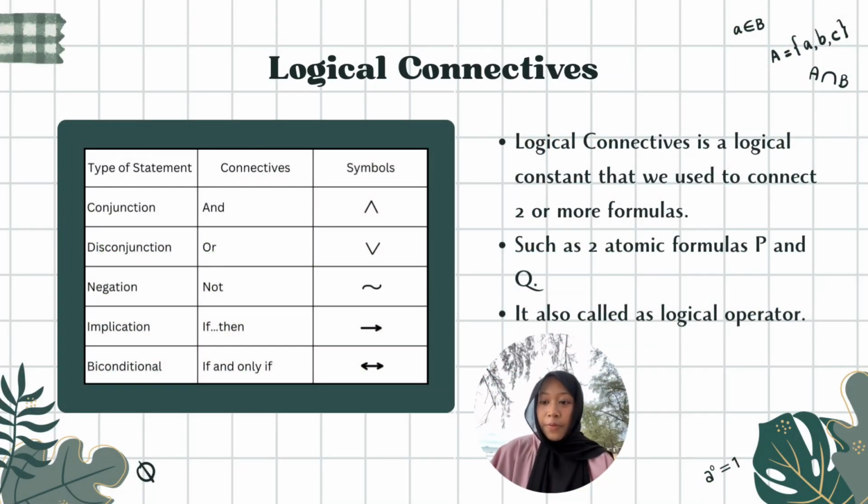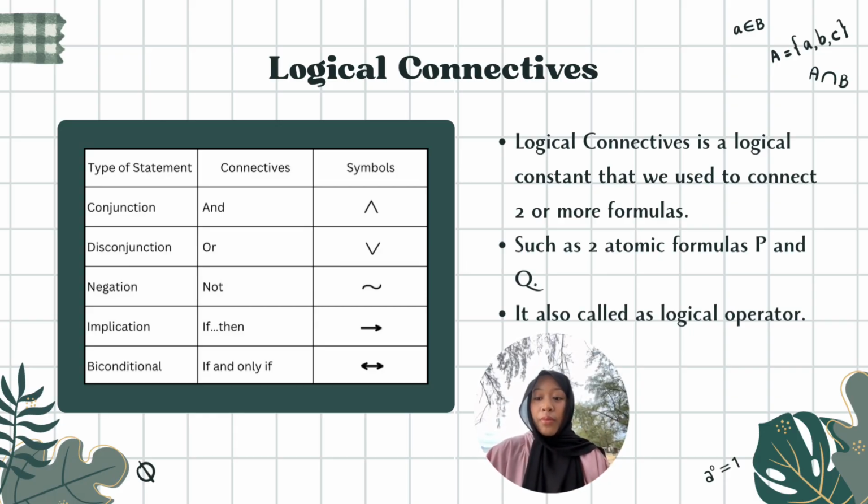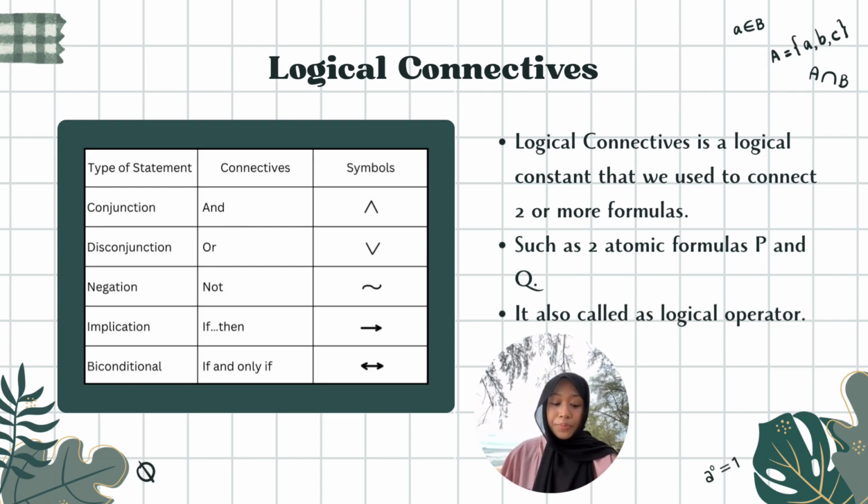Logical connective. A logical connective is a logical constant that we use to connect two or more formulas, such as two atomic formulas P and Q. It is also called a logical operator. So, for example, the types of statement: conjunction is "and" with a symbol like this.